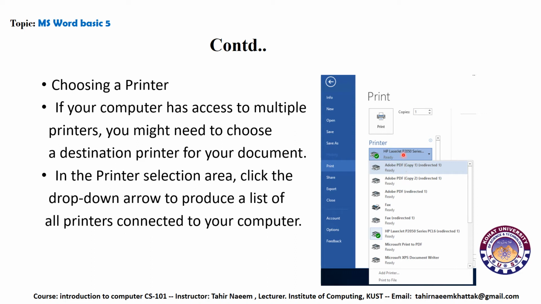So basically I will select the printer on which I want to print my document. I will select this printer, and here is the number of copies. Number of copies means how many copies I want of the specific document.